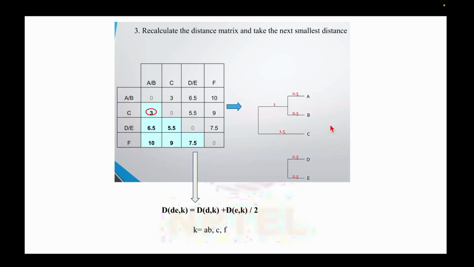So once a grouping or a central node is formed, we recalculate the distance matrix and take the next smallest distance forward. A and B have been grouped first, D and E grouped next, then we observe C having the closest distance with ABC.